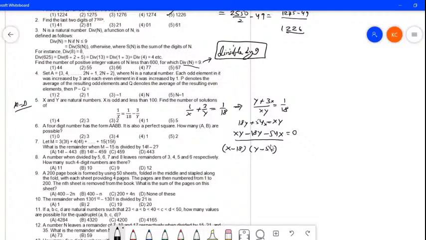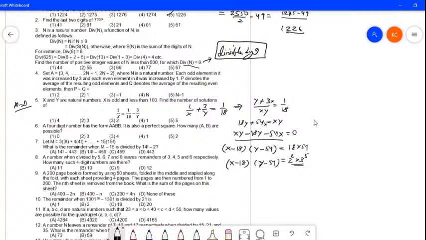So I can write on the right hand side 18 into 54, which can be written as 2 square into 3 to the power 5. Everyone? So this is what we have: x minus 18 and y minus 54.